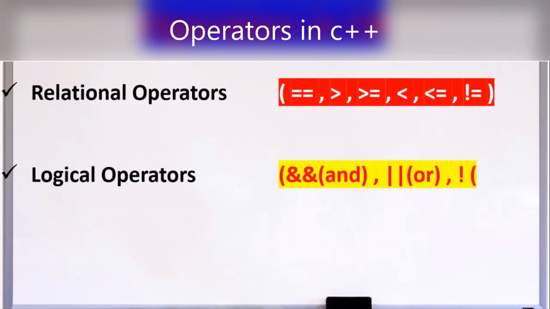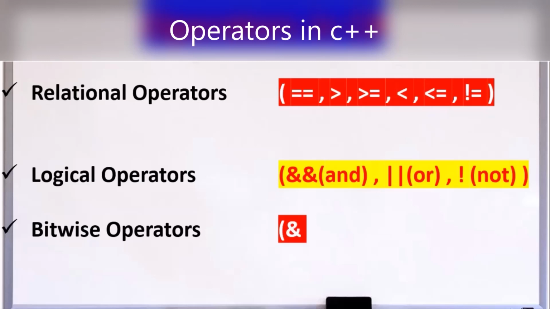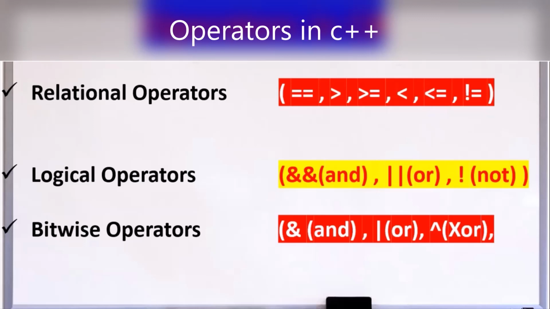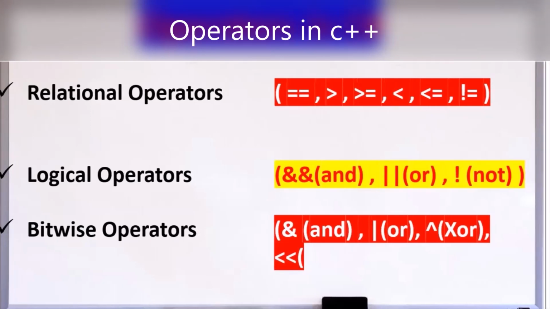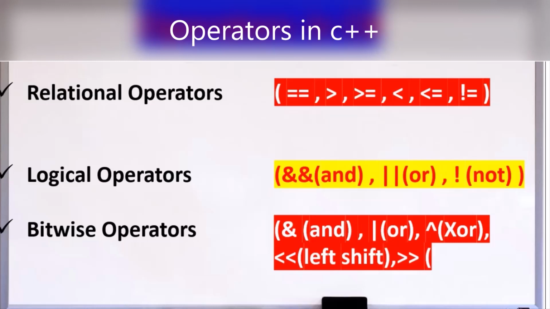We will do these logical operators in our practical programs. Then there are bitwise operators. Bitwise operators are related to binary digit calculations, right? This is single AND, single OR, XOR, isn't it? So left shift, right shift.